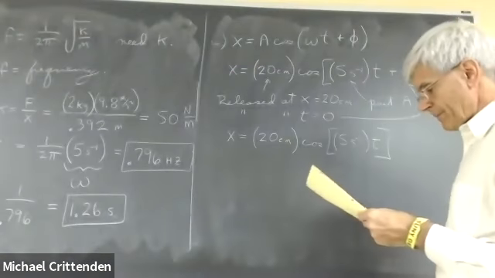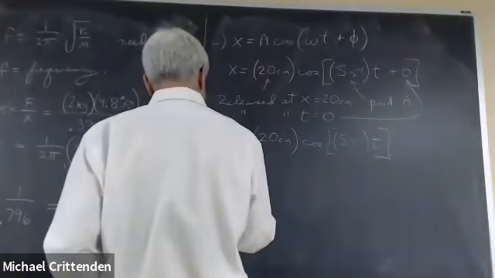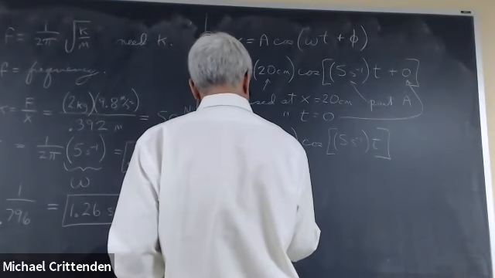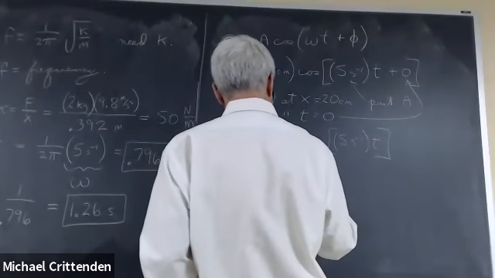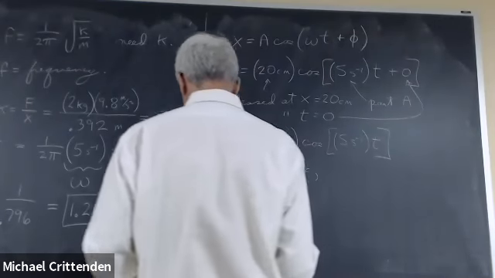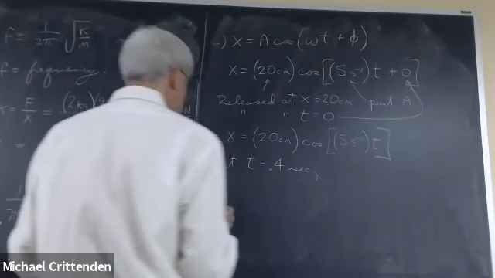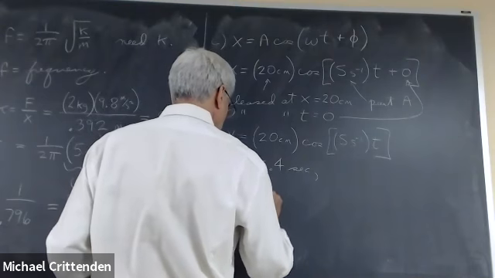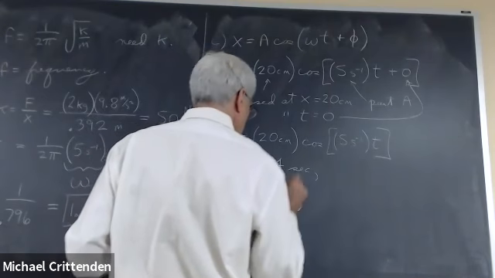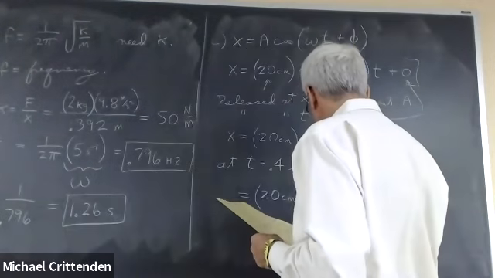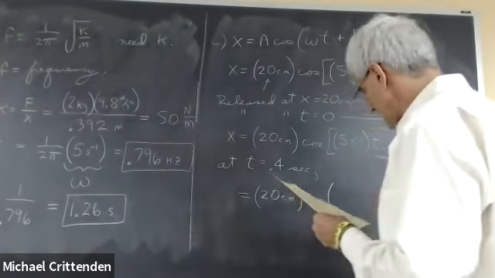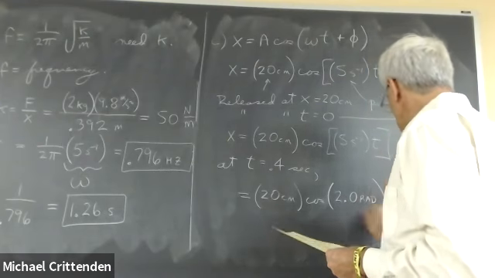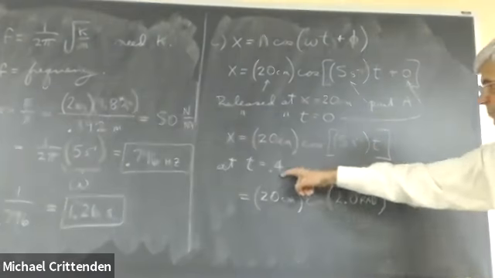So at t equals 0.4, we've got 20 centimeters times the cosine of five times 0.4, which would be 2.